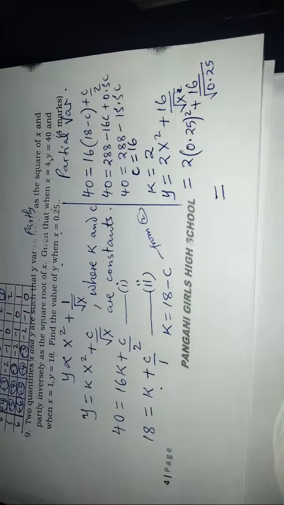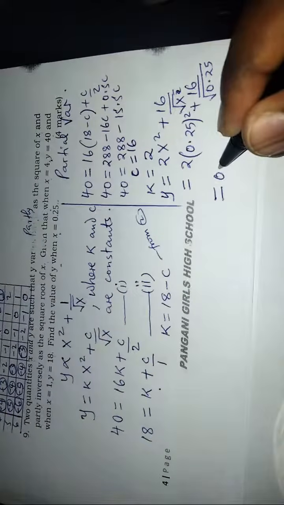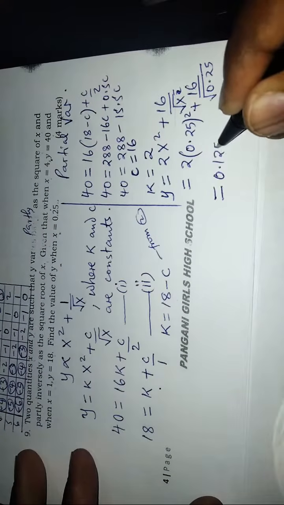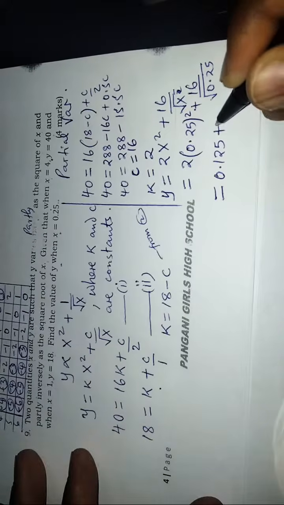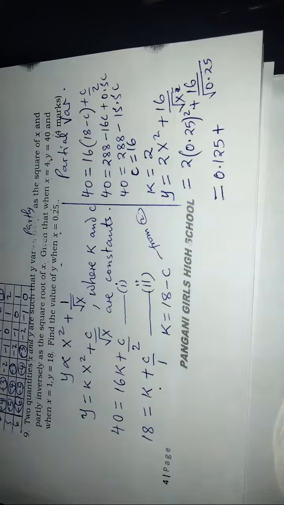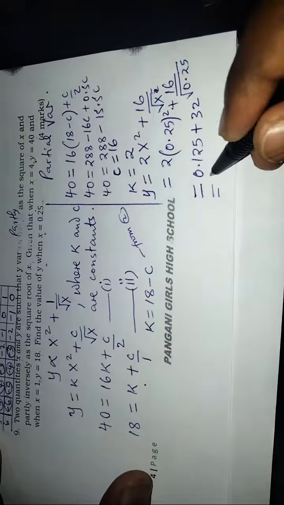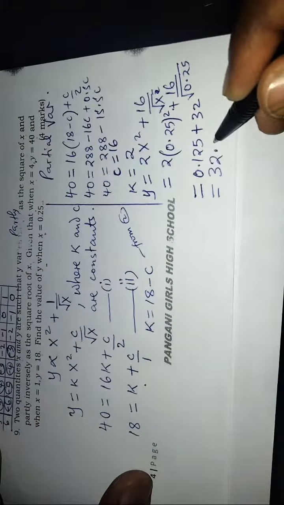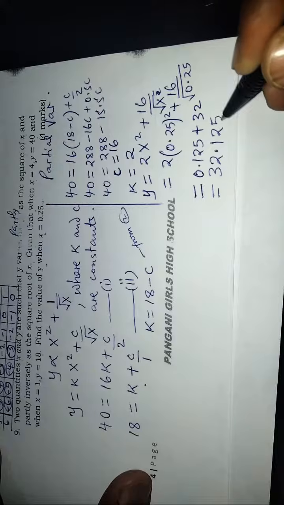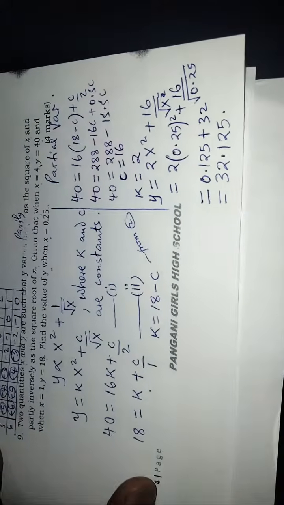This gives us 0.125 plus, we will have 16 divided by the square root of 0.25. This gives us 32. So when we add, we're going to have 32.125.